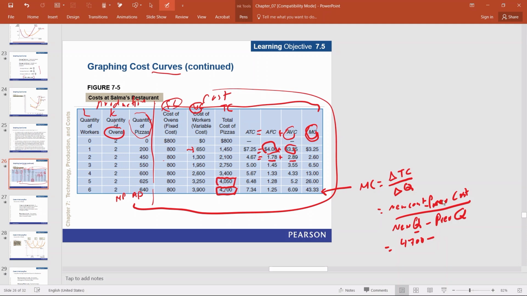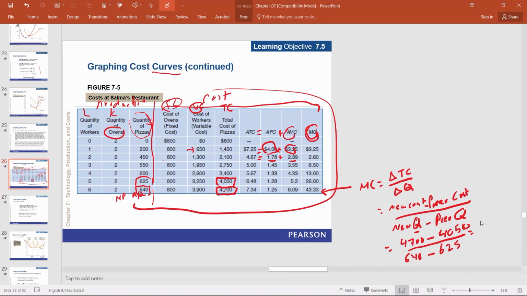It's the difference, as we said before, but here the way is a bit different, because we are taking the momentary change. And this is the new quantity, 640, minus the previous quantity, which is this one, 625.